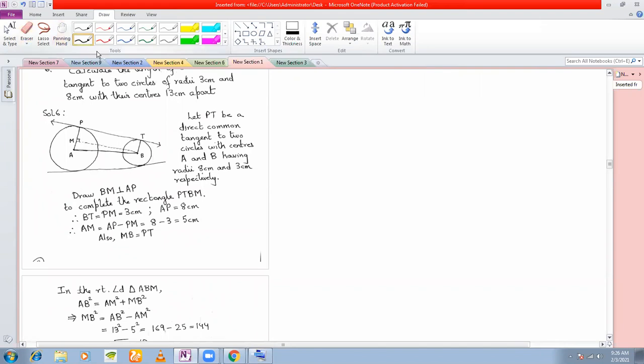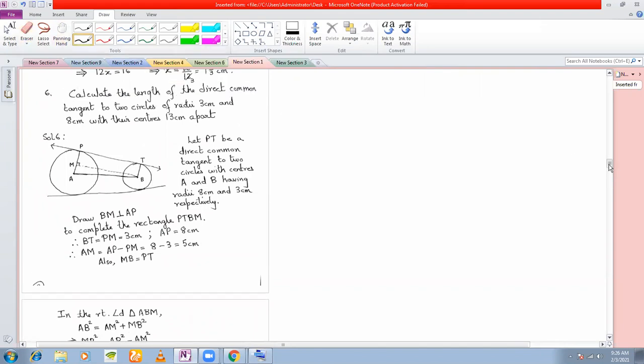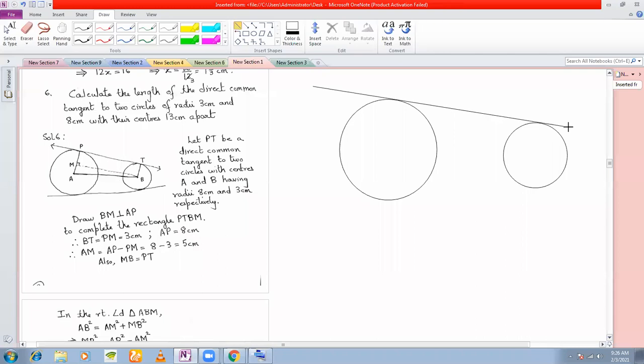Just to refresh your memory, there are two kinds of tangents to a circle: direct common tangents and transverse common tangents. What are direct common tangents? This kind of a tangent is called a direct common tangent, because this tangent is common to both the circles, right?